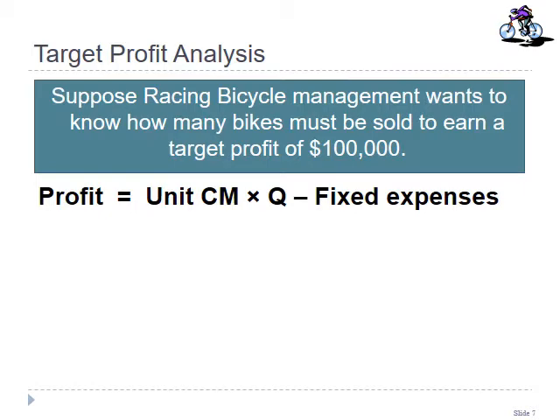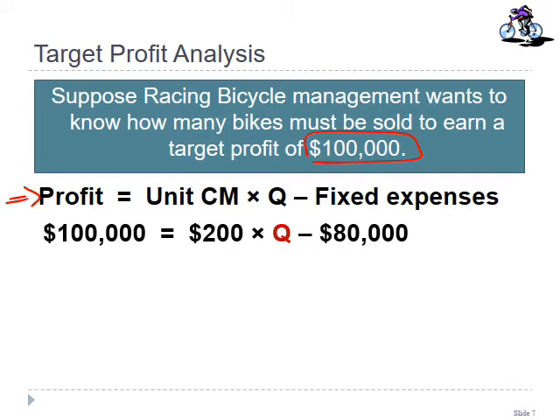To understand this equation with an example, suppose RBC management wants to know how many bikes must be sold to earn a target profit of 100,000, right? So in this equation, you just put the amount here. You see that 100,000 is the target profit we want.